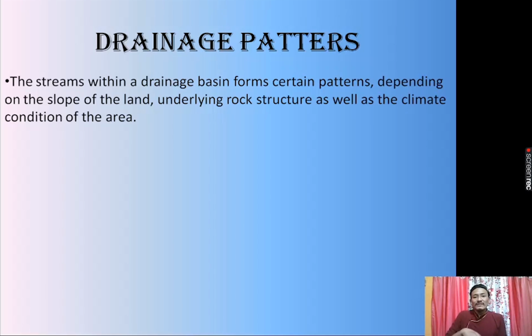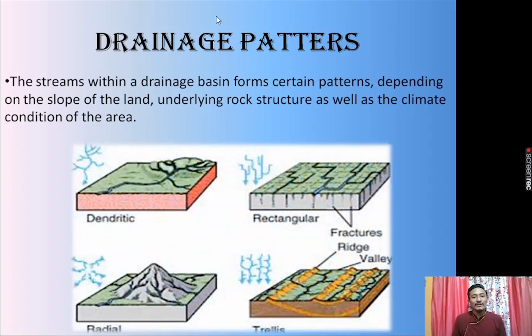These physical features ultimately have an impact on the formation of different drainage patterns. So here are 4 drainage patterns. First one is dendritic, second one is radial, third one is rectangular, then we have trellis. The blue portion depicts the formation of a particular drainage pattern.